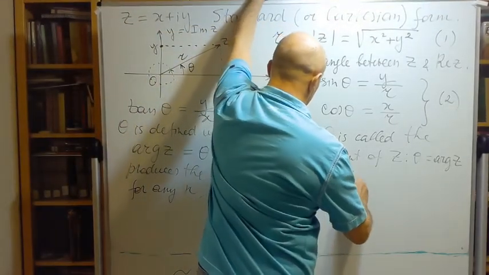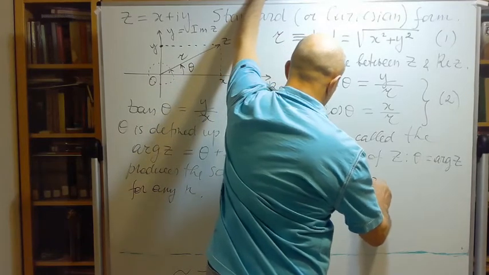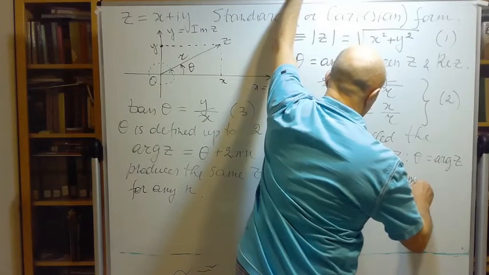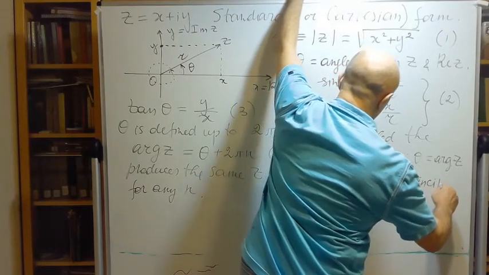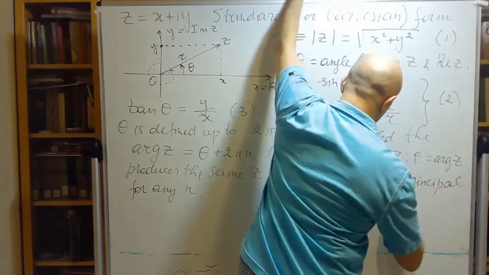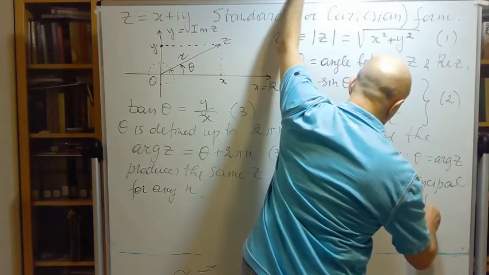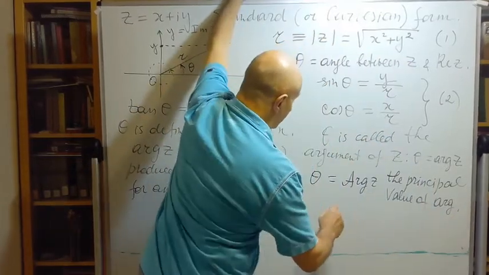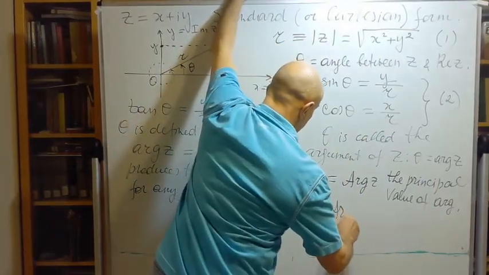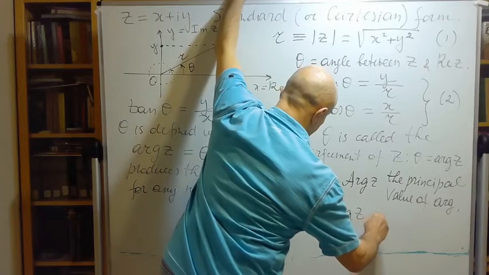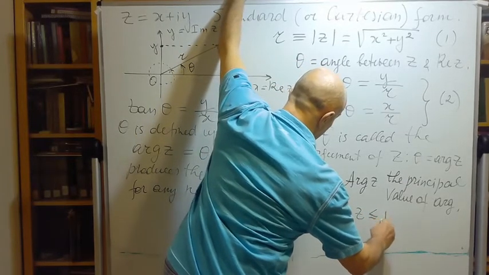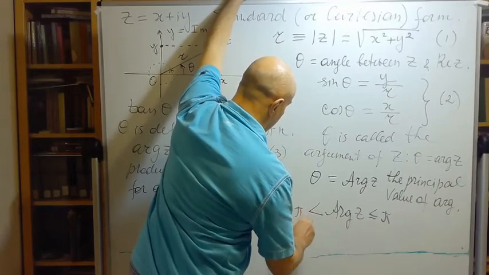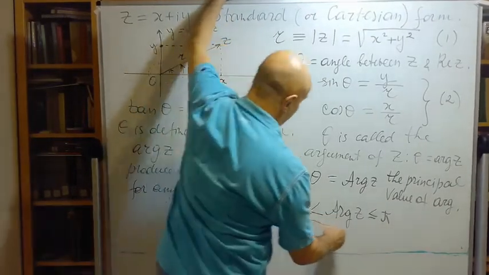Theta equals argument z, and it's called the principal value of the argument if it is located between pi, it is less or equal pi, and greater than negative pi.